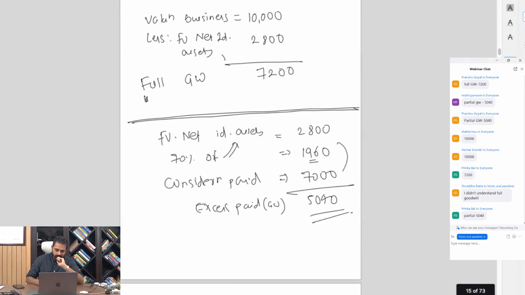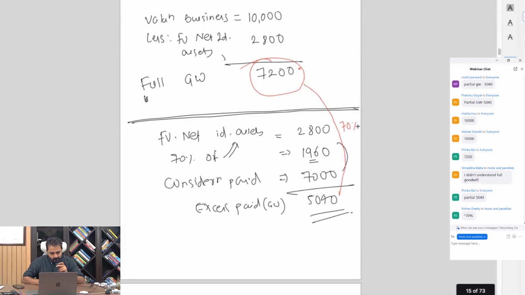Now, if you just know how to do this, and someone says, I don't know how, Shraddha, keep it on hold, I'll explain again. But if you can just figure out this, here's a cool trick for you. You probably already know it, but if you don't, if I take this full goodwill and multiply it with 70%, it should give me partial goodwill. Right?